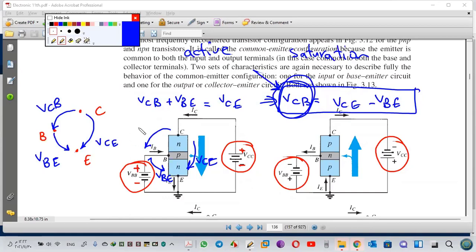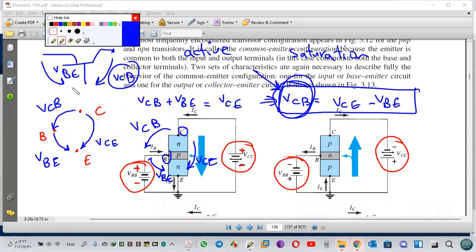Take care, VCB. Why VCB? Return back to the common base configuration. This is common base configuration. This is VBE, this is VCB.